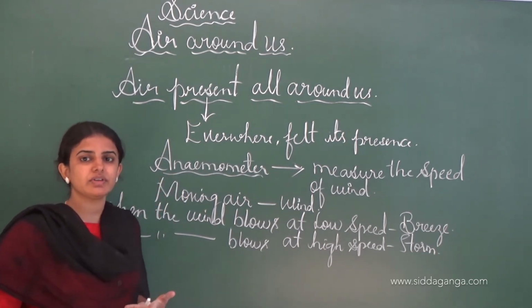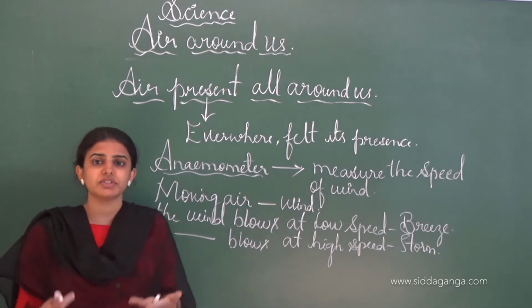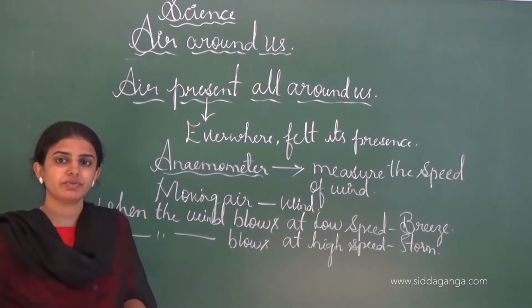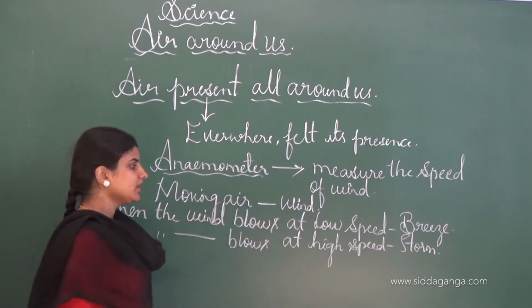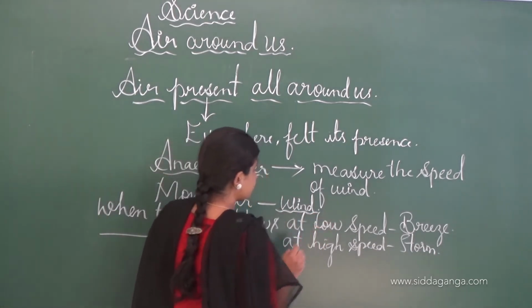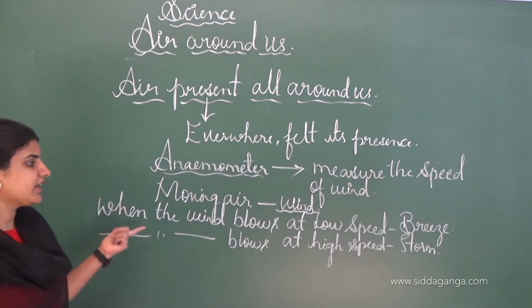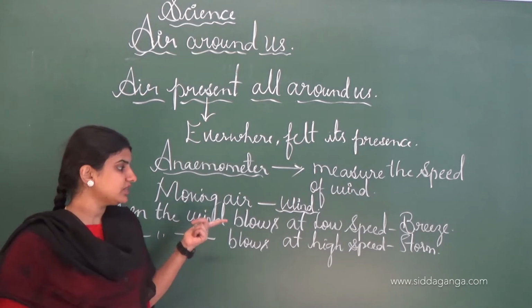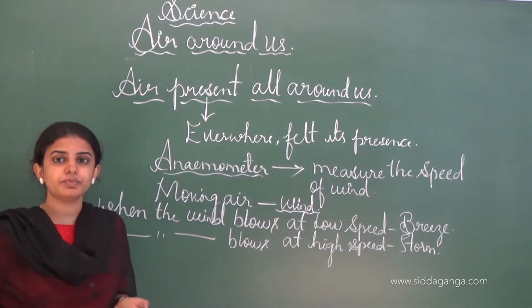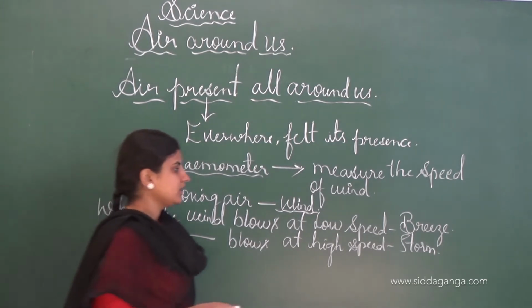And another device is the barometer, which is helpful to measure the pressure of the wind. And next, moving air is called wind. See, don't get confused here. Moving air we call wind, whereas when the wind blows at a low speed, it is called a breeze.